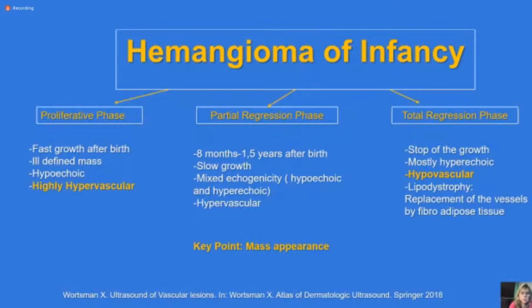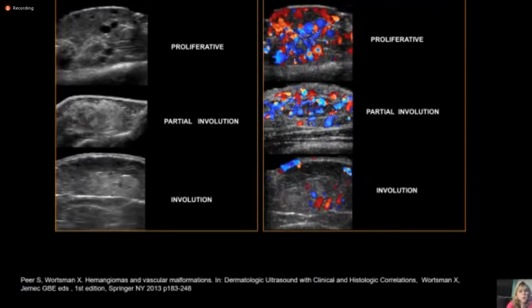The key point in hemangiomas is their mass appearance. Here you have different hemangiomas, and look at the difference between the proliferative phase in grayscale, where the hemangioma is mostly hypoechoic, and then how the hemangioma goes to partial involution or regression and then into total involution. Look at the difference in the degree of vascularity in the different phases.